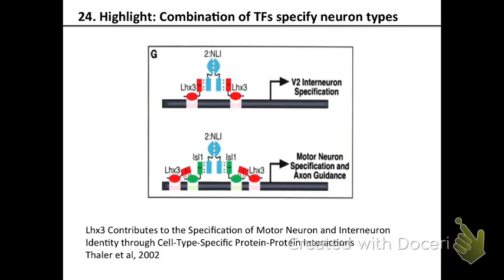These are two transcription factors shown here, LHX3 and NLI1. So you have NLI1 homodimerizing and also interacting with this other transcription factor, LHX3.